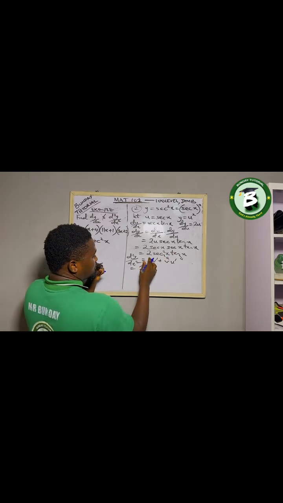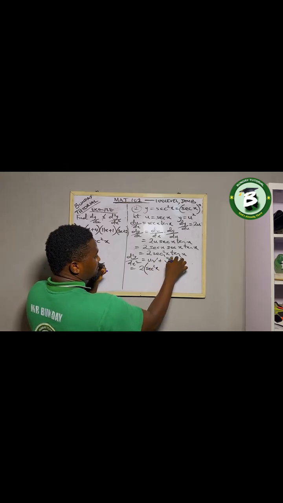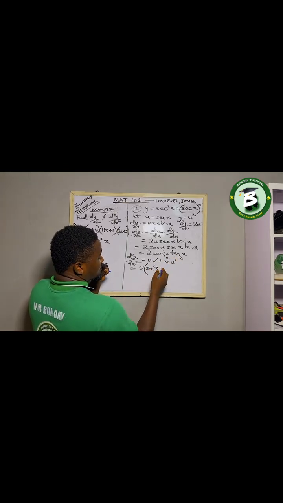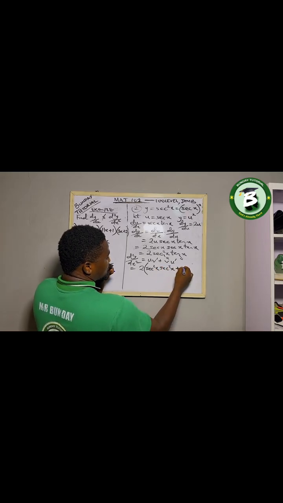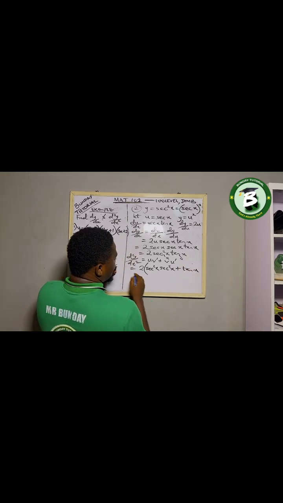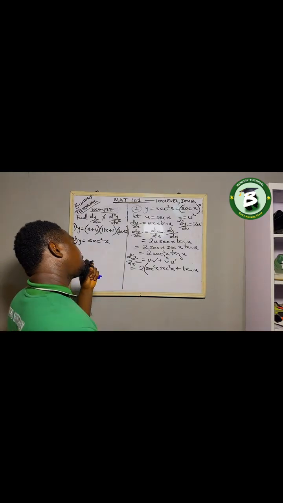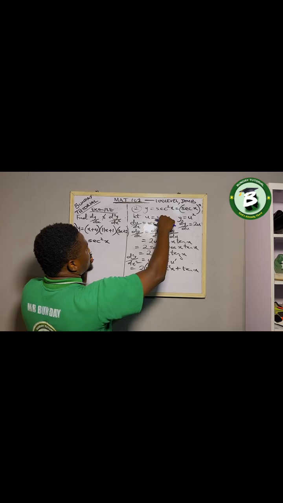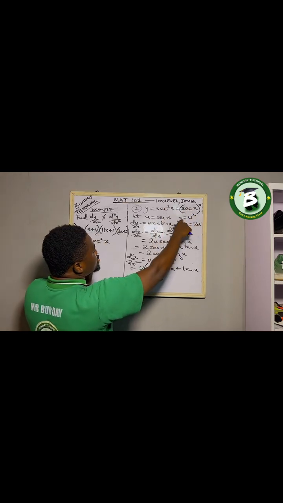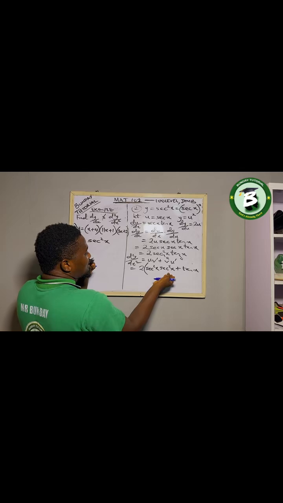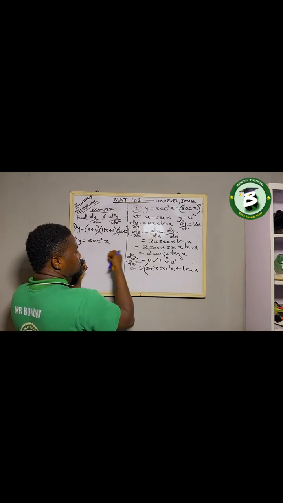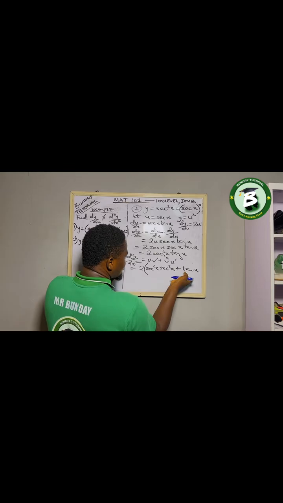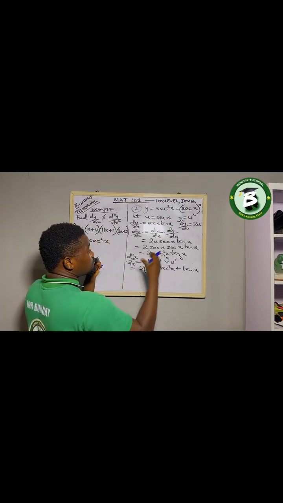So u is sec squared x. What's v prime? If you differentiate tan x, you have sec squared x again. Then plus, what is v? v is tan x. And if you differentiate sec squared x, thank God we have differentiated it from here. It is better, if you have differentiation inside differentiation, to solve it outside and bring the derivative inside, so that it won't be scattered.